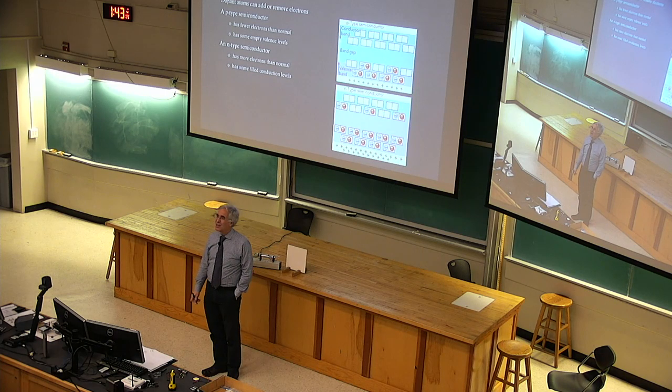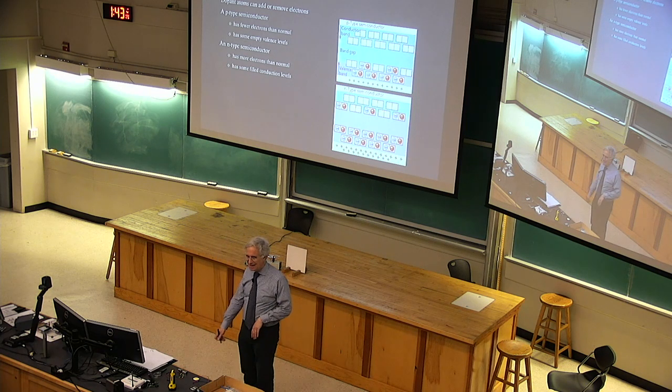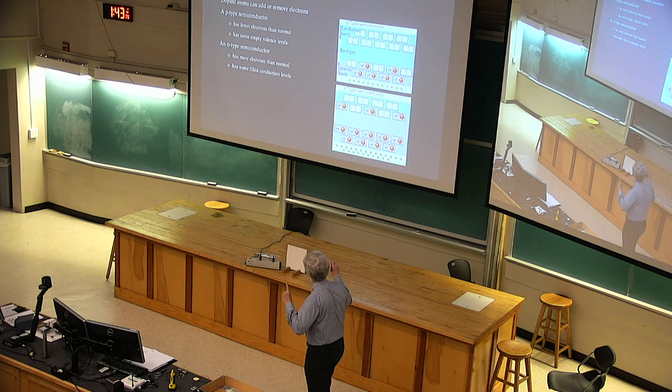And the result is that it's given another name. It conducts. It's called N-type semiconductor because it's negative. I'll give you the story behind why it's called P-type versus N-type. The N-type is easy.